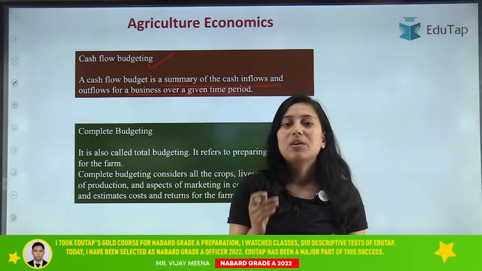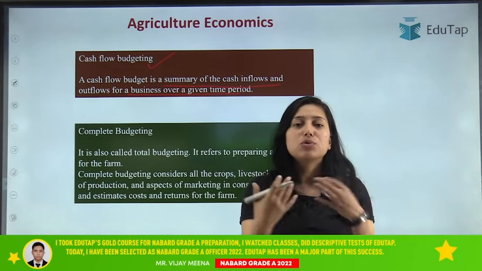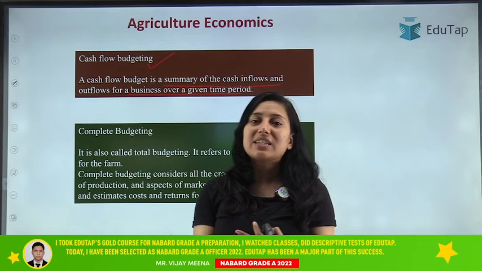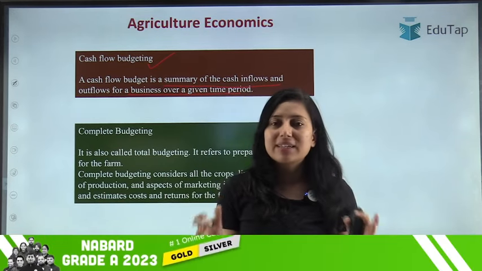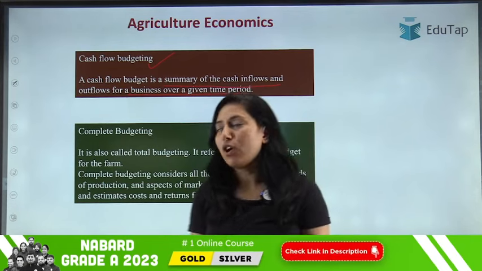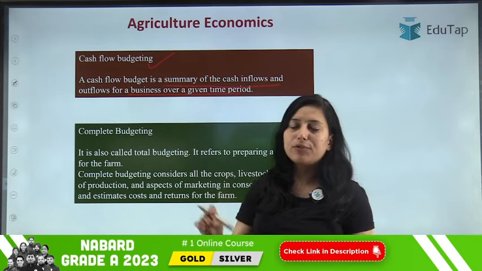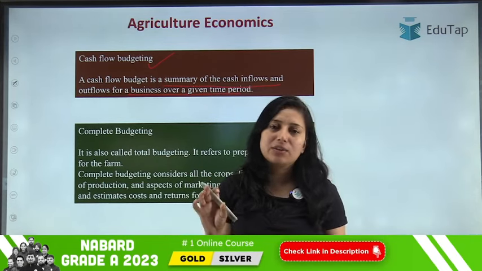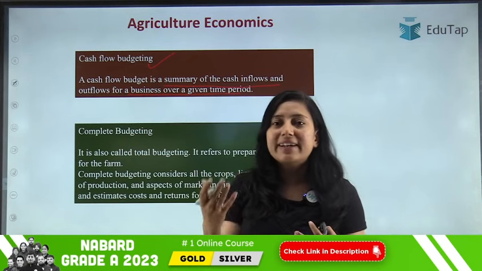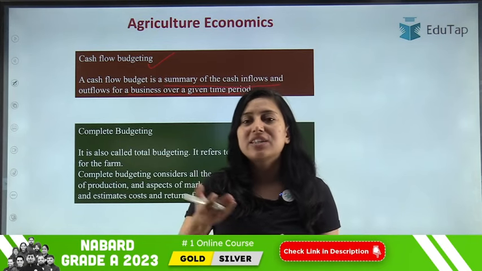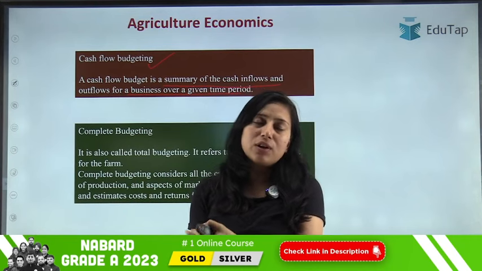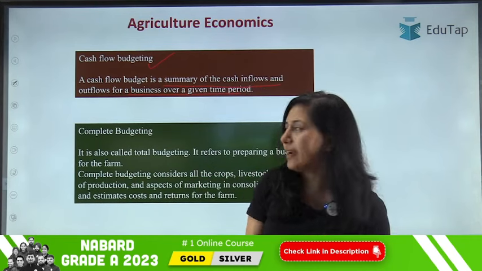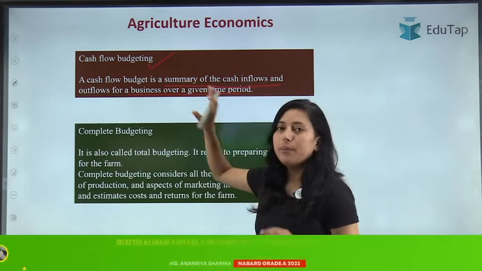Okay, for example, from 2022 to 2023, how much cash inflow and outflow has been there in my farm. So that is called cash flow budgeting. From the name itself, it is indicating that it is about cash flow, meaning how much cash has come in and how much has gone out, right? So that is cash flow budgeting.